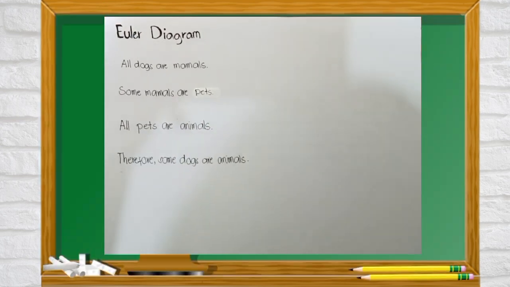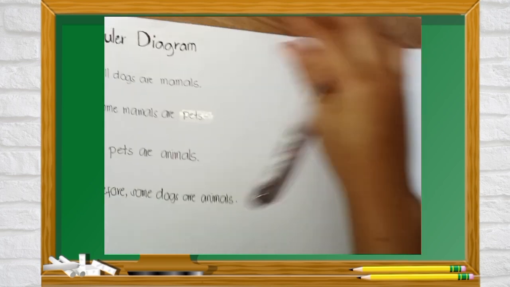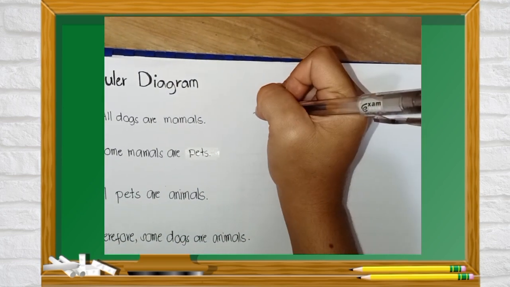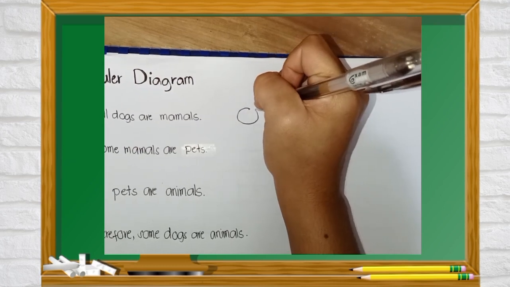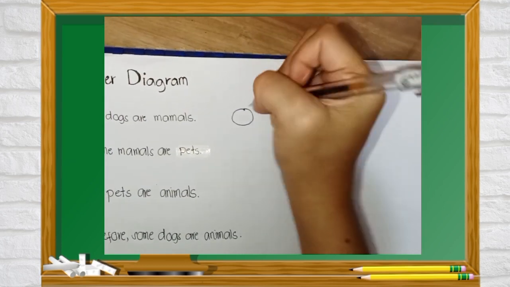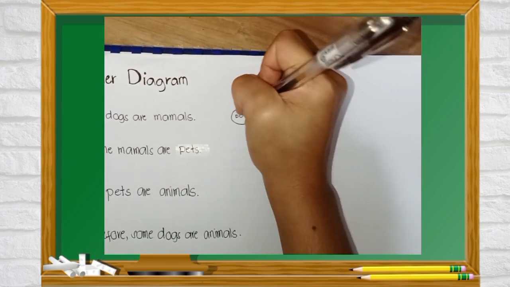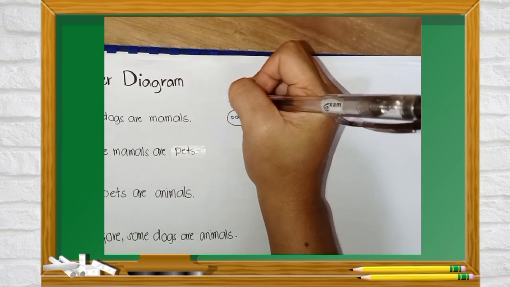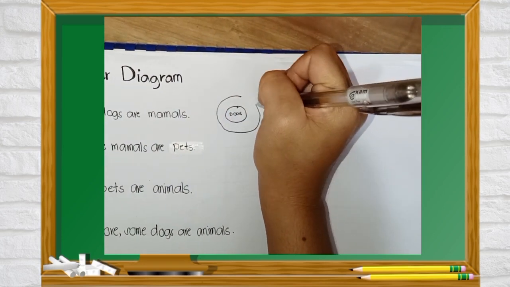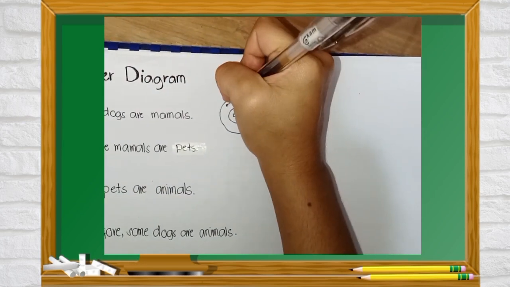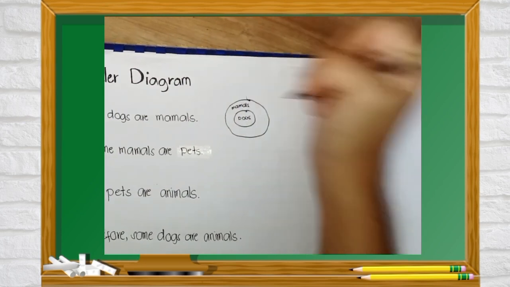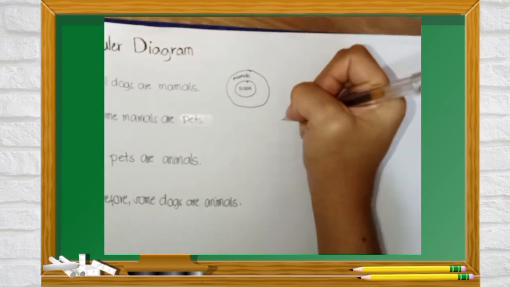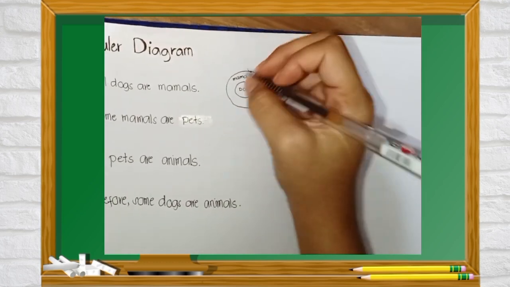For the first premise, all dogs are mammals. For set 1, dogs, we begin by drawing a circle representing the set of all dogs. Then, for set 2, mammals, since dogs are all mammals, the circle representing mammals must completely enclose the circle representing the dogs.